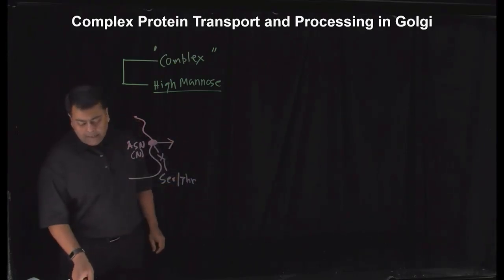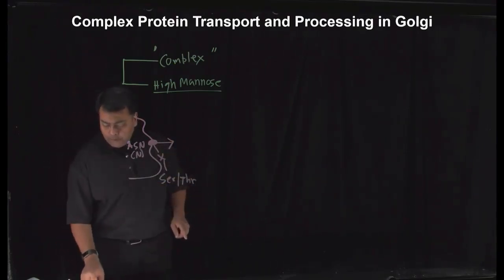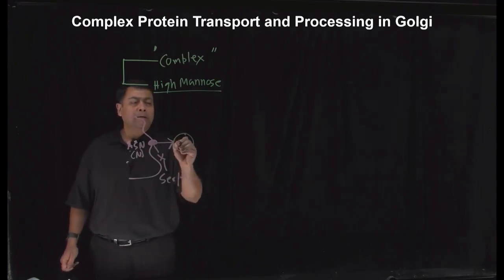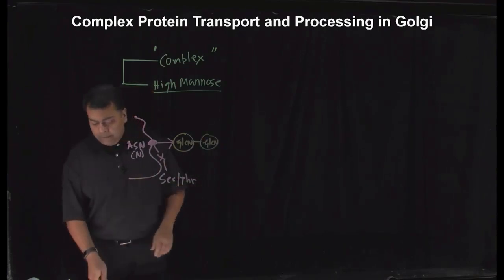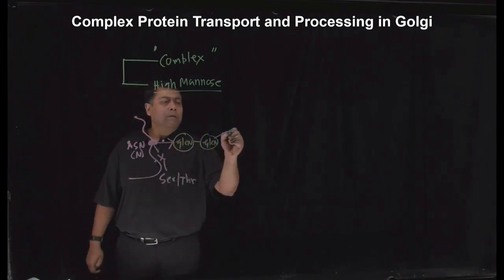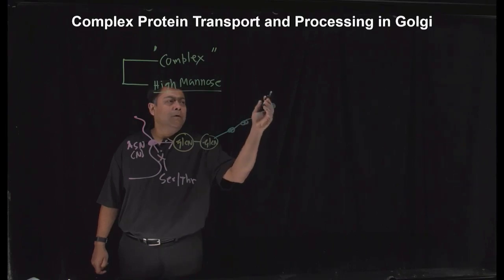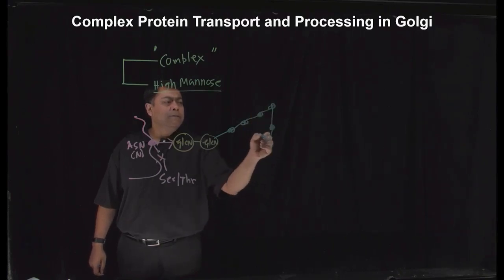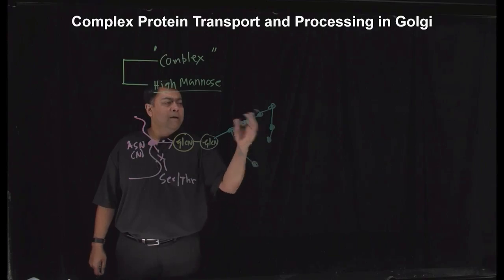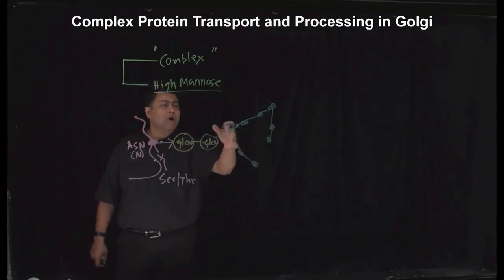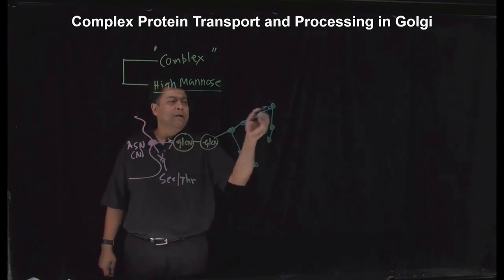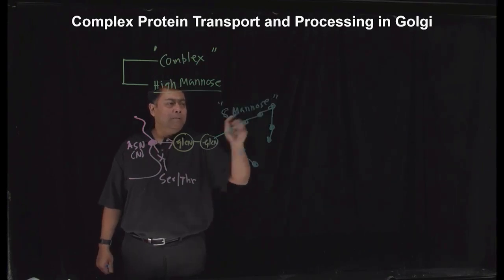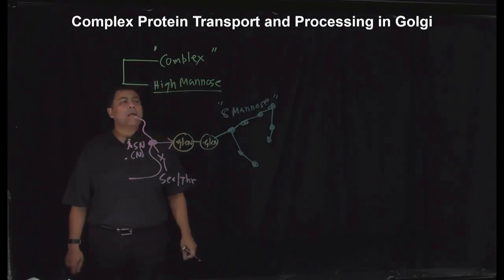Here you have the attached moiety, which is the first two, as we know, GLCN and GLCN, and then we have 1, 2, 3, 4, then 5, 6, 7, 8. This is not particularly the order; it is just a representation that there are 8 mannose in this process. They could be bonded in many different ways.